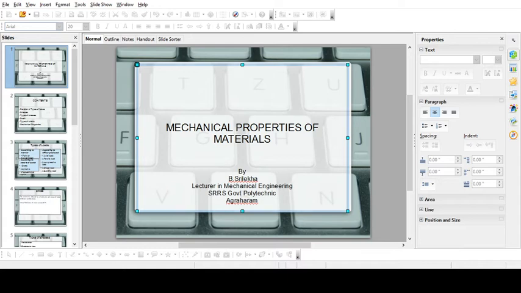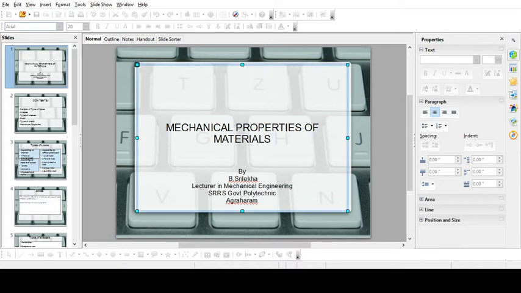Regaining its shape means it is resisting that stress and those loads. How will it resist? It will store the energy; it will make use of its internal energy to resist those loads. So this ability of the material to store energy within the elastic limit is resilience.